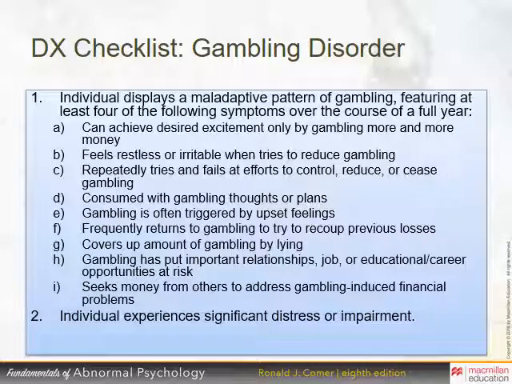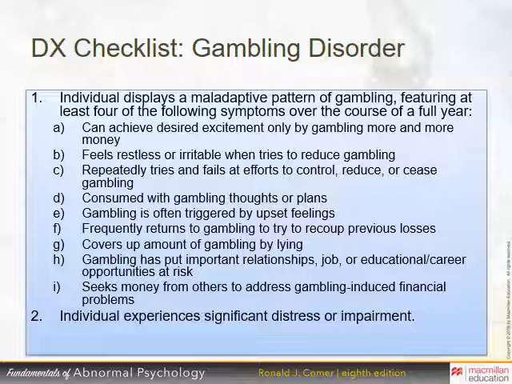The criteria for a gambling disorder is that an individual displays a maladaptive pattern of gambling featuring at least 4 of the following symptoms over the course of a full year. They can achieve desired excitement only by gambling more and more money. They feel restless or irritable when trying to reduce gambling. They repeatedly try and fail at efforts to control, reduce, or cease gambling. They are consumed with gambling thoughts or plans.